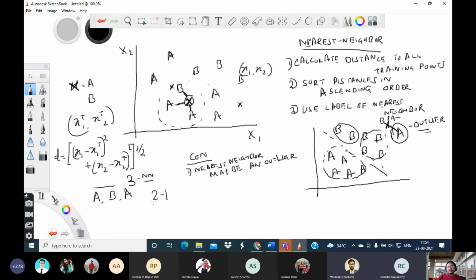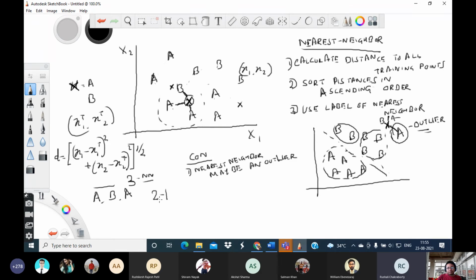Right. So sir, maybe there can be a fixed percentage of outliers in d-dimensional data. In that case, we can take just one more than the number of outliers.